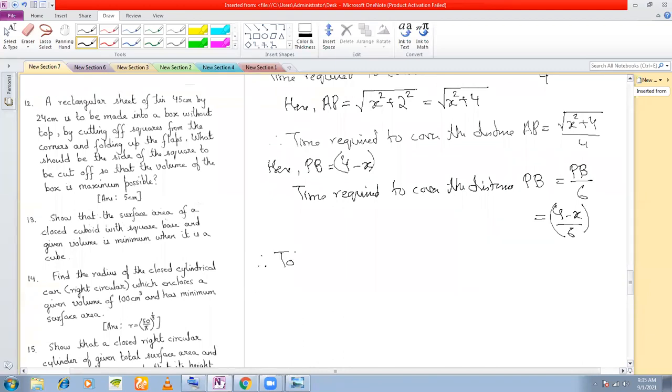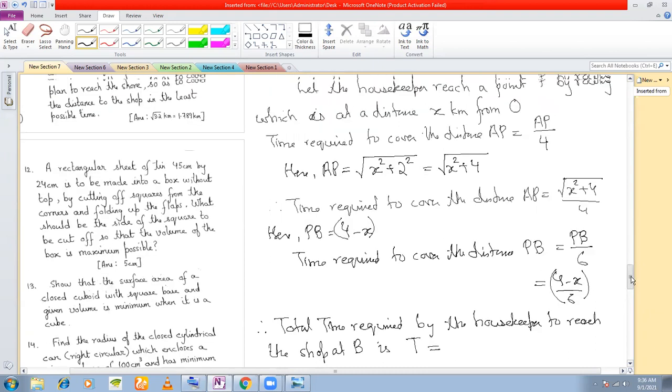Therefore, the total time required by the housekeeper to reach the shop at B is capital T, let's say. The time required for him to row is root over x squared plus 4, by 4.